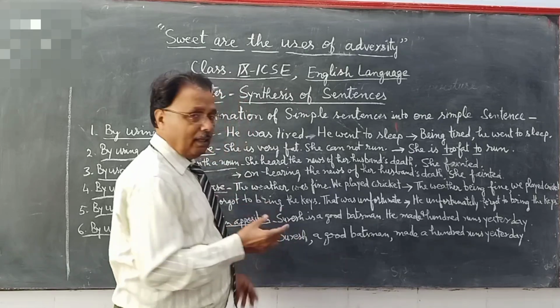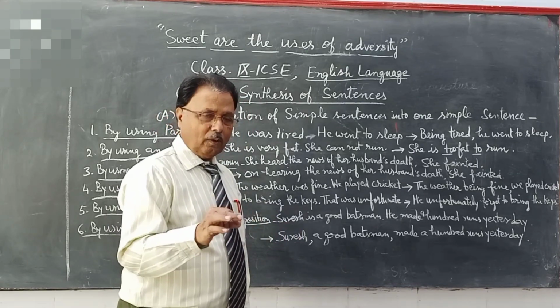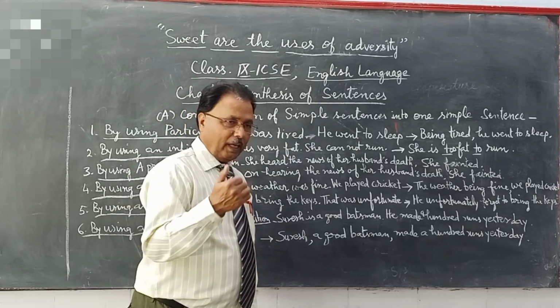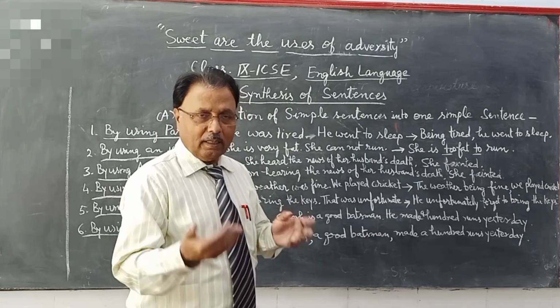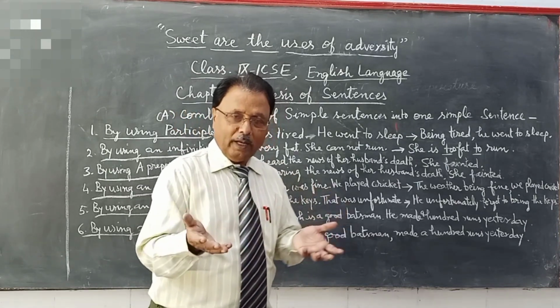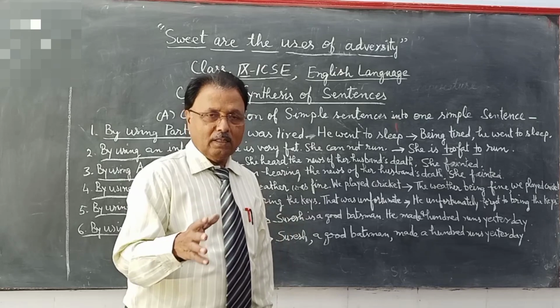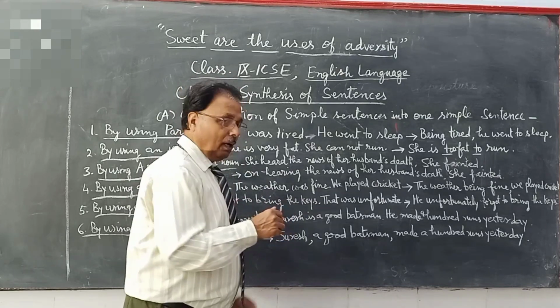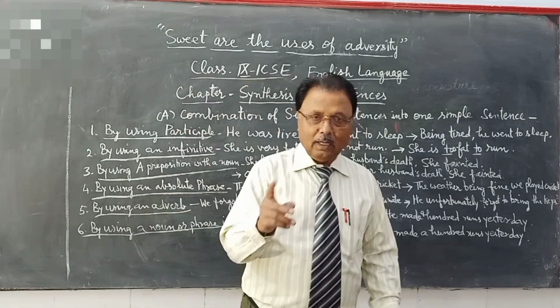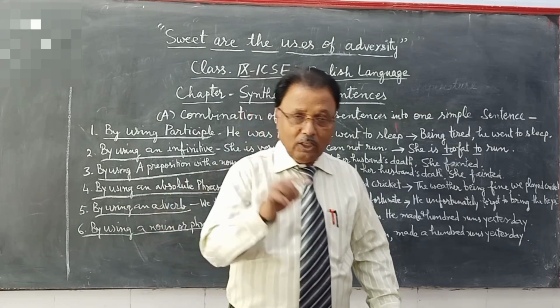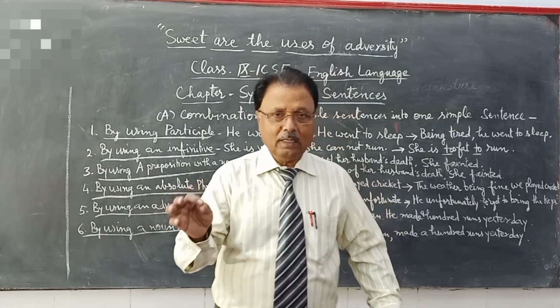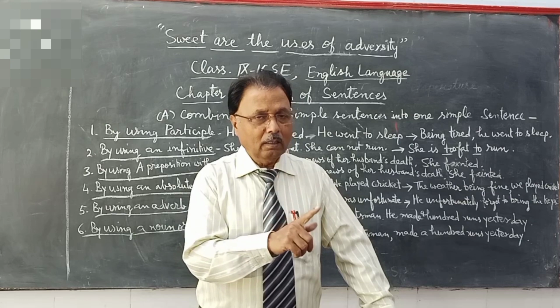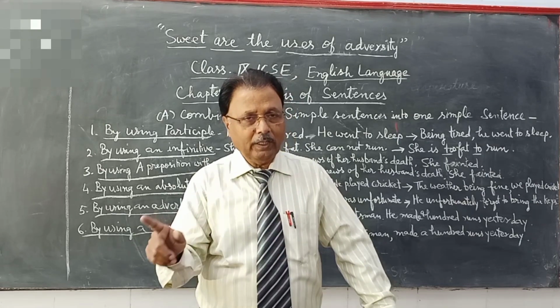Especially by using ing to the first verb and by noting the second sentence in the same way, we can join both the sentences together. As you know, students, each simple sentence contains one subject and one predicate part.